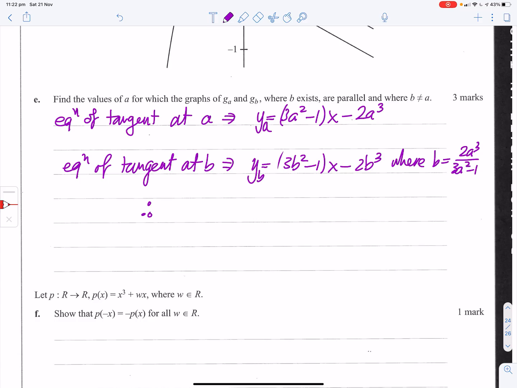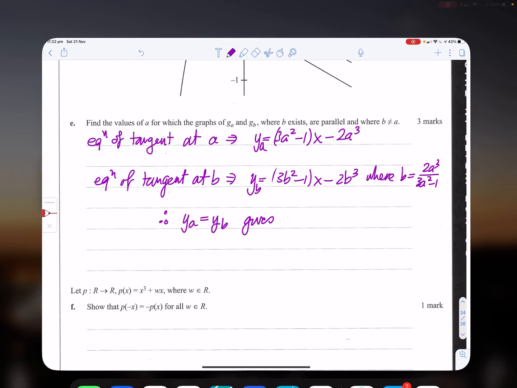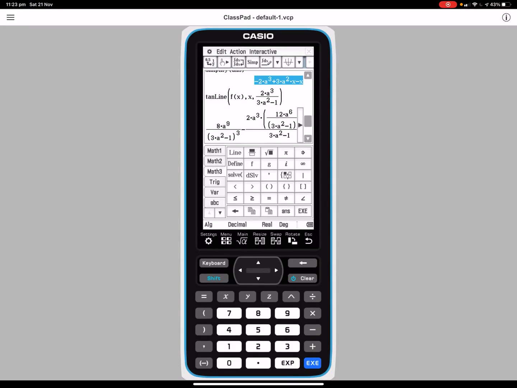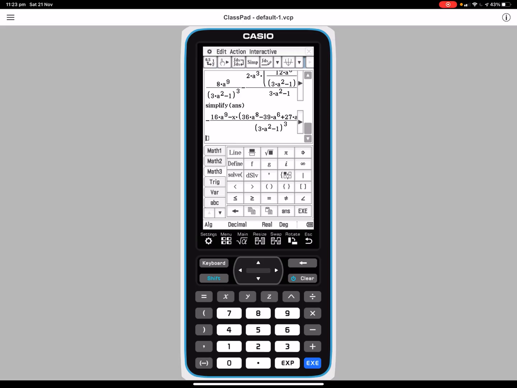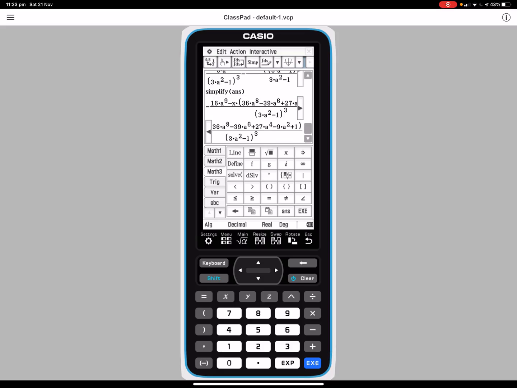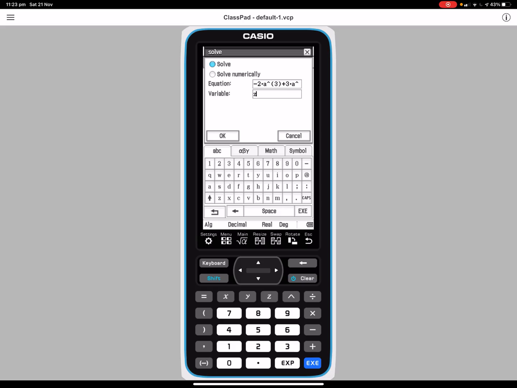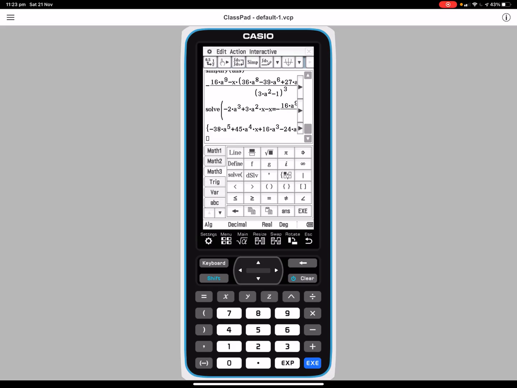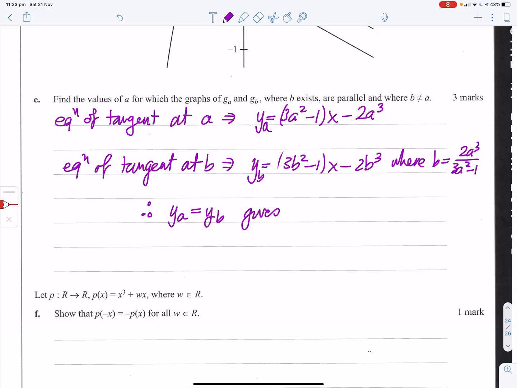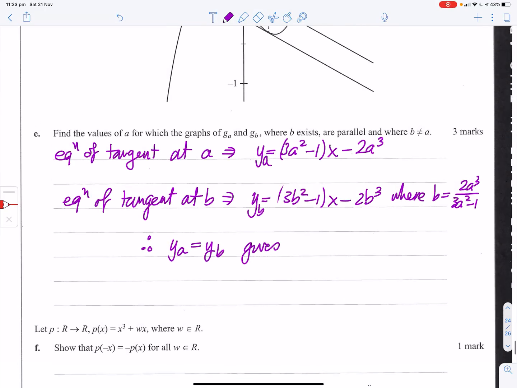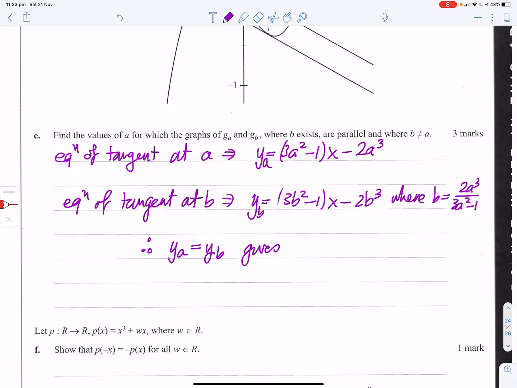Therefore, y of a equals y of b gives, if we let that graph equal that graph, we solve for A, whoa, so they've just got to have the same gradient, that's parallel.